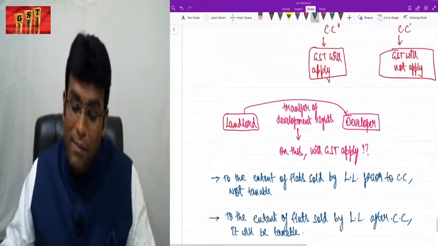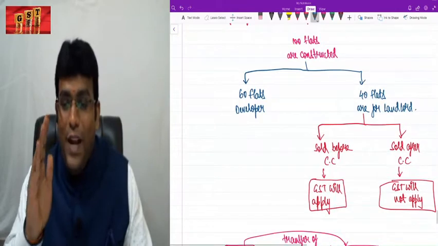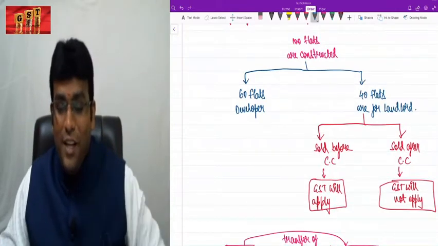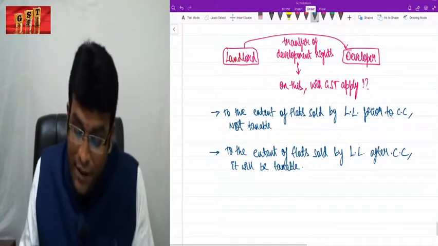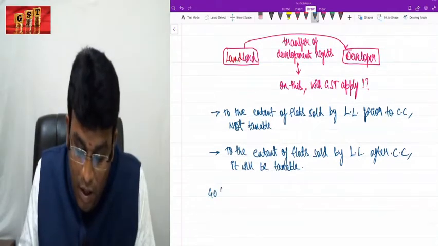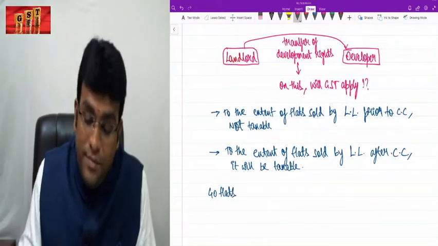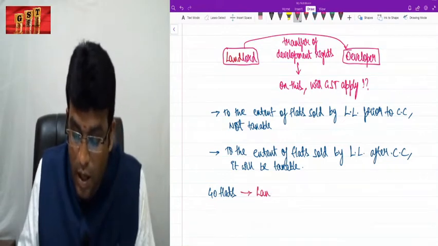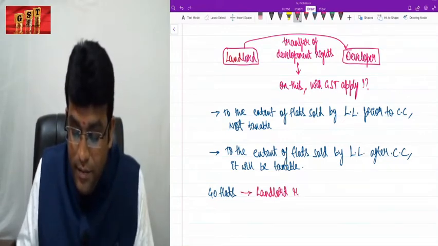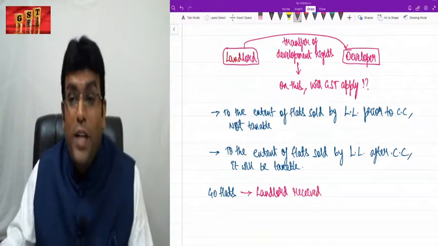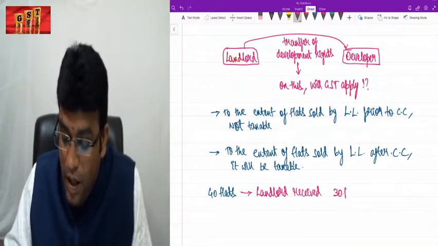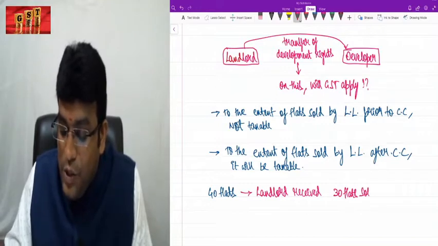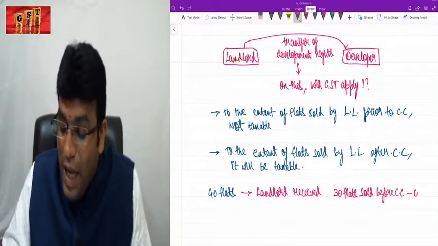friends. Sir, in my example sometime back, 100 flats are constructed. How many flats are given to landlord? 40 flats are given to landlord. Correct, my dear friends? Now the interesting point is, when landlord received 40 flats, assume for a second 30 flats are sold before CC, then what will happen?